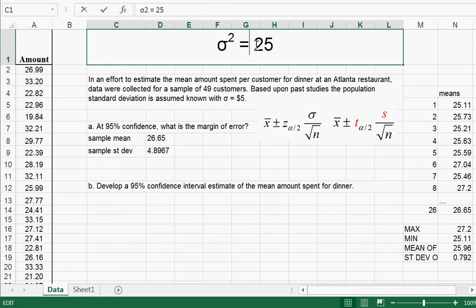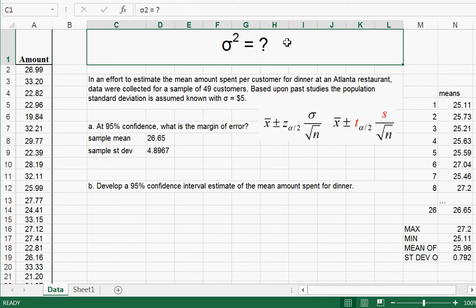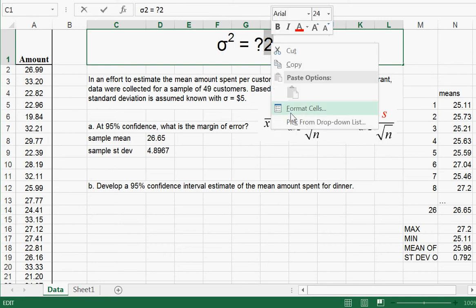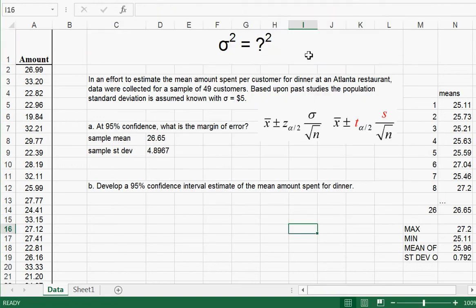Now, if I don't know sigma, which one do I use? The sample standard deviation, which is 4.8967, or do I use, whoops, this is funny. I think it's funny. What is the square root of question mark squared?